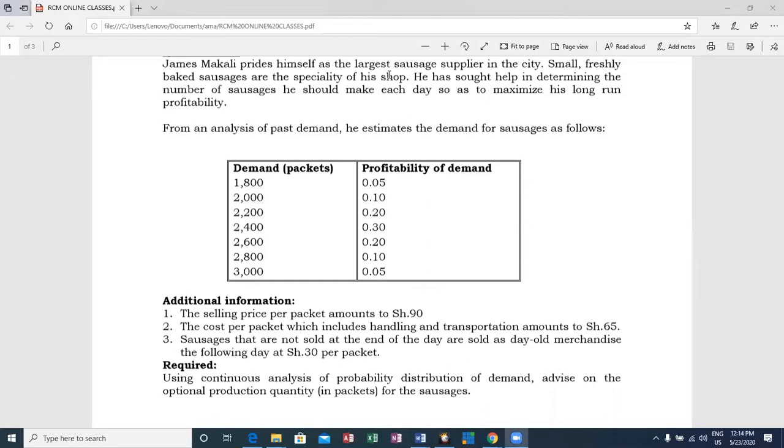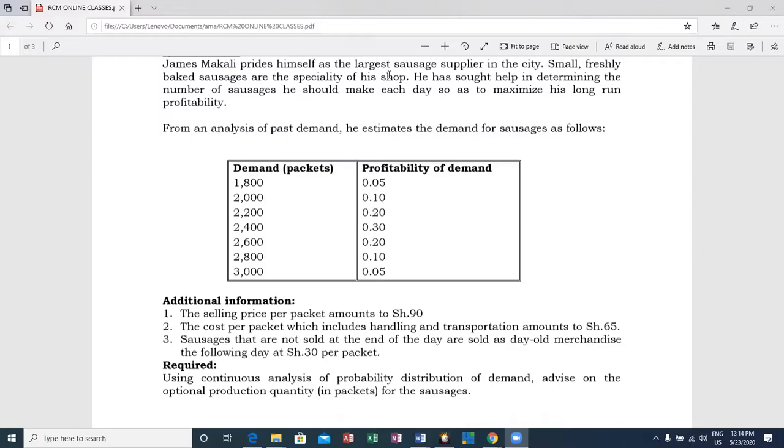The second one is 2000 times 0.1, which gives us 200. Then 2200 times 0.2, giving us 440. Then 2400 times 0.3, giving us 720. Then 2600 times 0.2, giving us 520. Then 280. And lastly 3000 times 0.05, giving us 150.